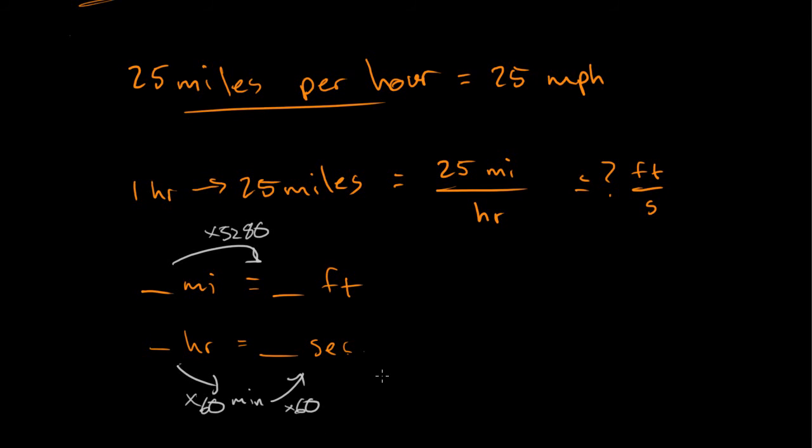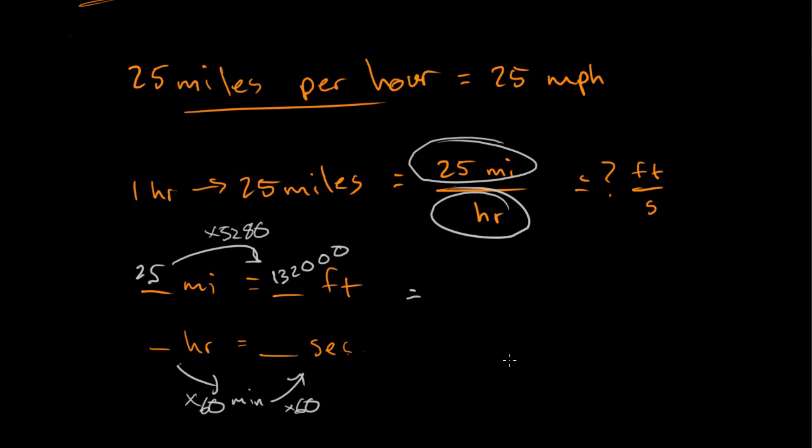So if we took our fact, 25 miles in 1 hour, and just tried to convert each of the measurements into our goal measurement, if you converted miles to feet and hours into seconds, what would this fraction say? Well, instead of 25 miles, we'd have 25 times 5,280, or 132,000 feet. Instead of 1 hour in the denominator, I'd have 1 times 60 times 60, which is 3,600.